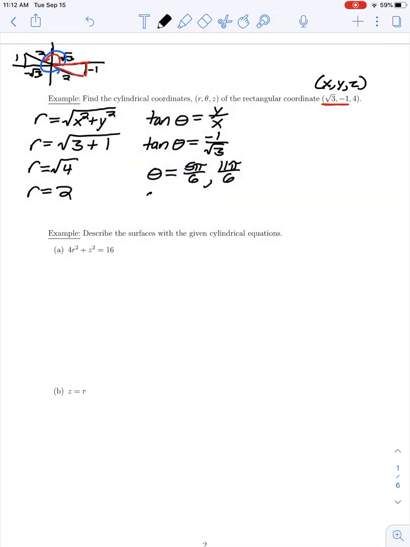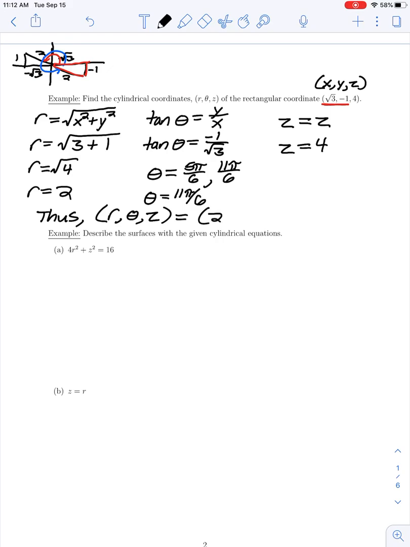So the value of theta I want here was the 11 pi over 6. And then z is just equal to z, which was given as 4. So we can represent this point as the ordered triple r, theta, z, given by 2, 11 pi over 6, and 4.